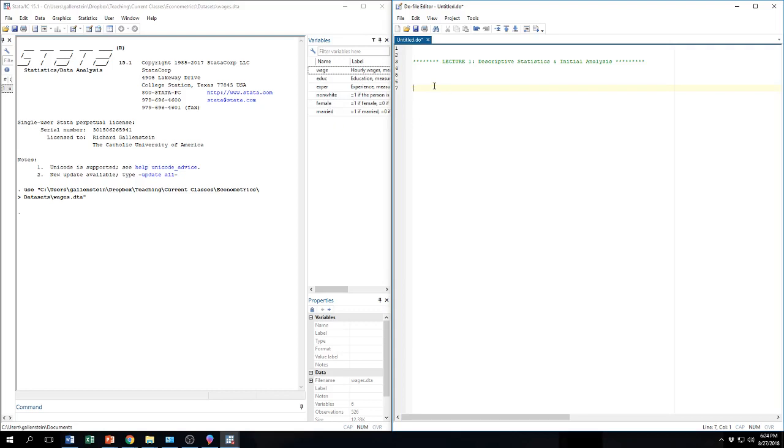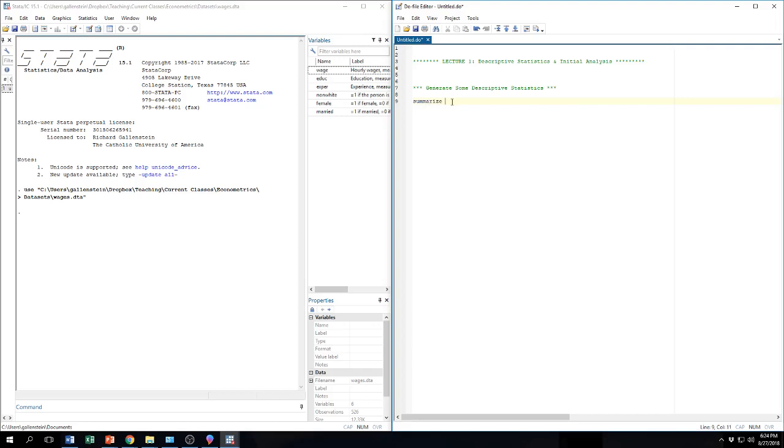The first thing that we want to do in our data set, and then we're just going to label what we're doing, is generate some descriptive statistics. We just kind of want to understand what our data is like. There's a couple different commands you can use for this, but the best one is probably summarize.